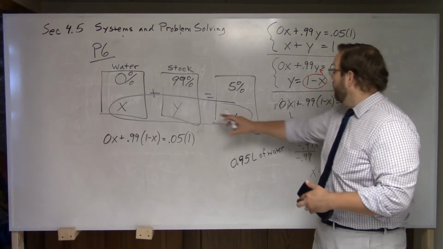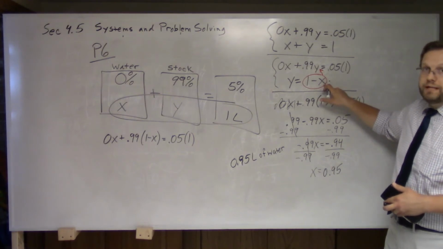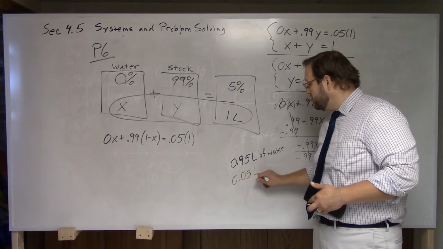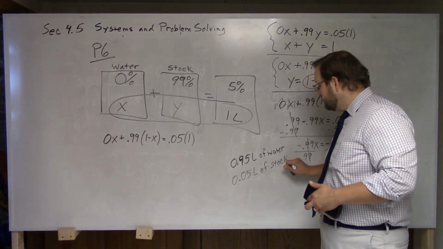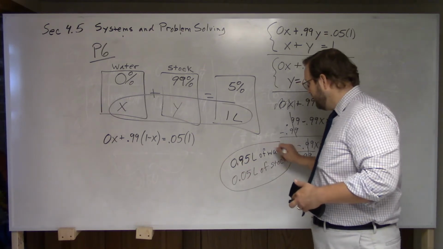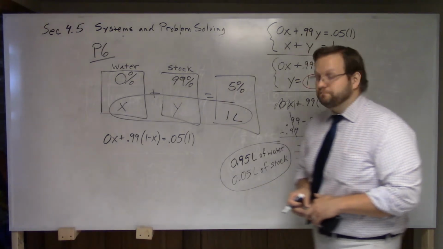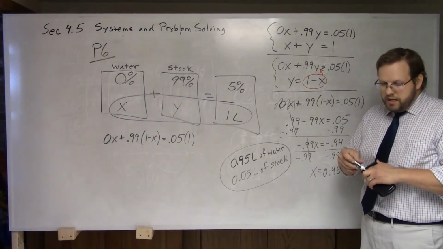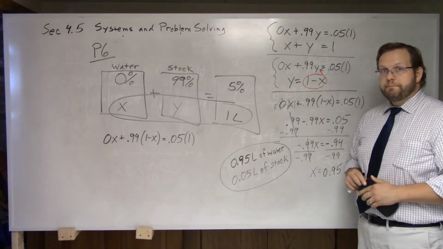And then y was 1 minus that. 1 minus 0.95 is 0.05 liters of stock solution. And there we go. Or you can say of the 99%, whichever way you want to write it, as long as you're specifying which is which.